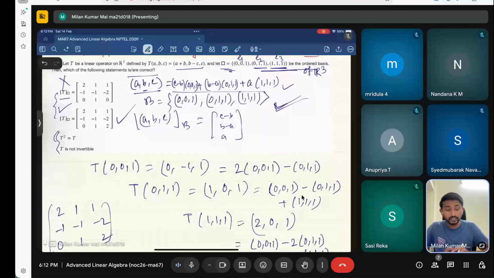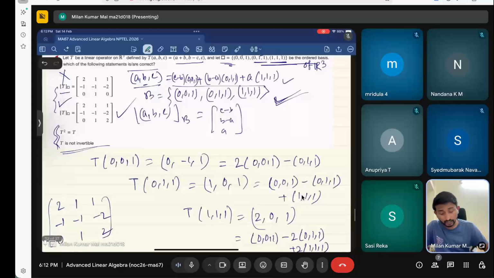Now the question is whether T is invertible or not. That depends on whether the determinant of the matrix representation of T is non-zero or not. Okay, I have said many things, but before that I should have said this.